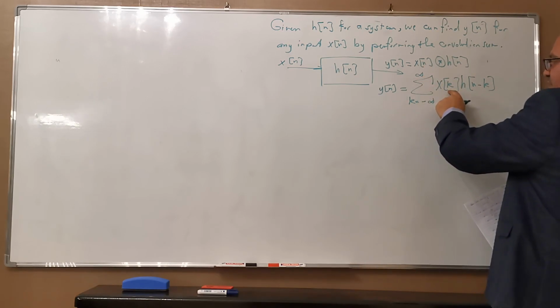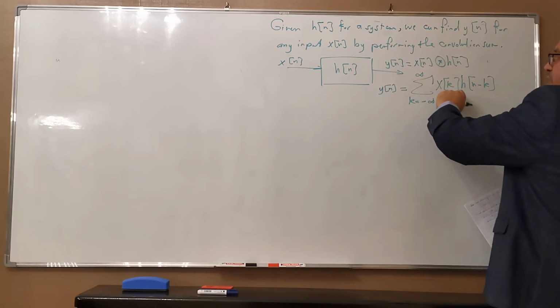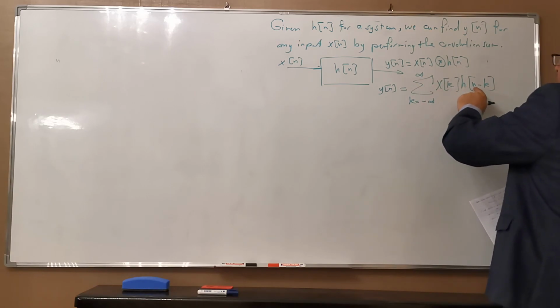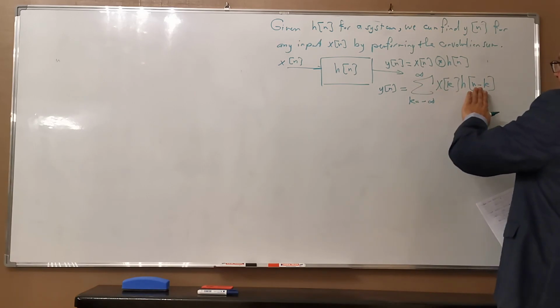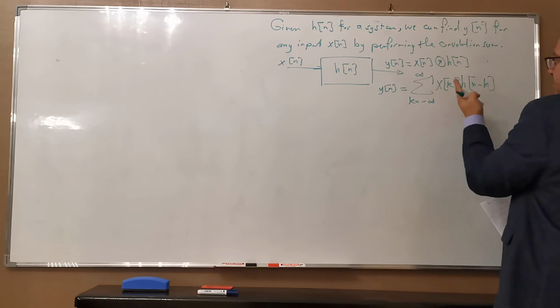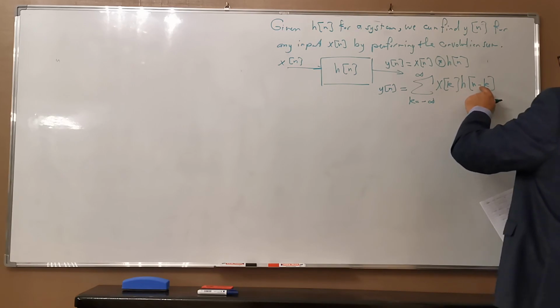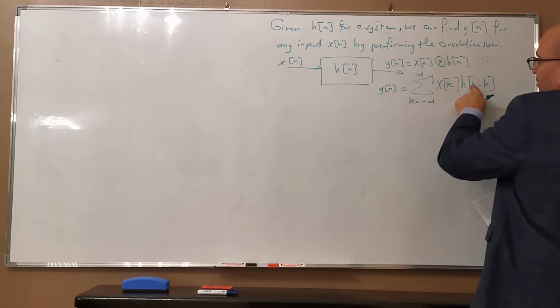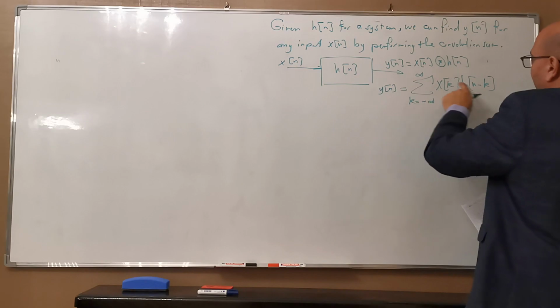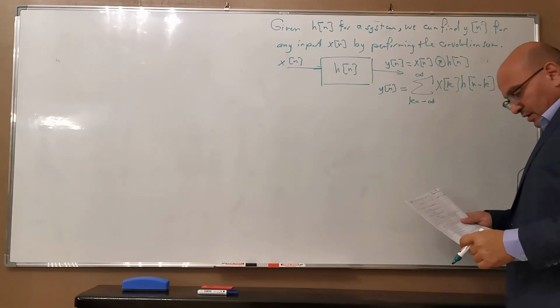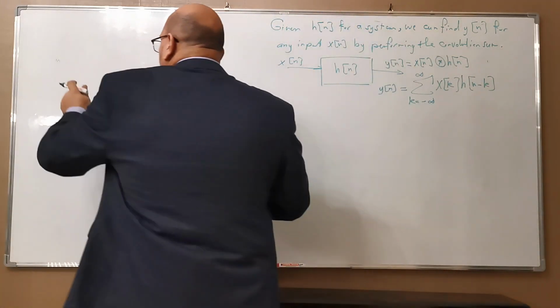X of n is the same as x of k, we just rename the index. H of n minus k is flipping the values of h of minus k, and then shifting it and doing this for n going from minus infinity to infinity. Okay, let's do this with an example.